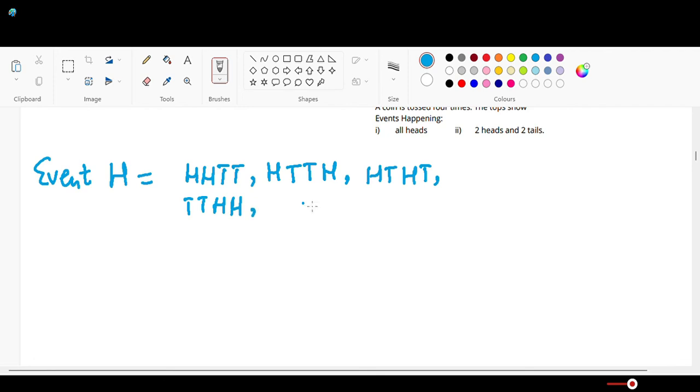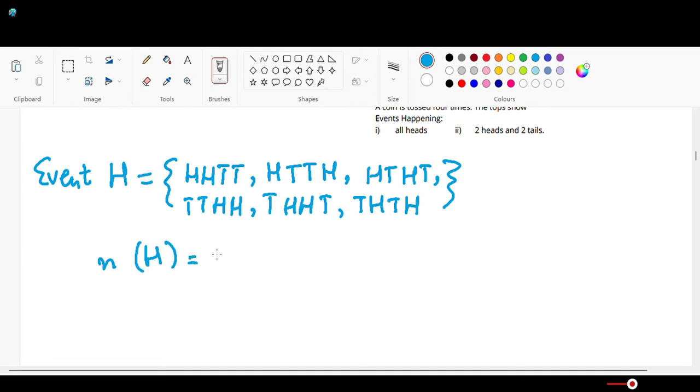T, T, H, H, we have T, H, H, T, and we have T, H, T, H. So these are the elements in event H. So number of elements in event H are 6.